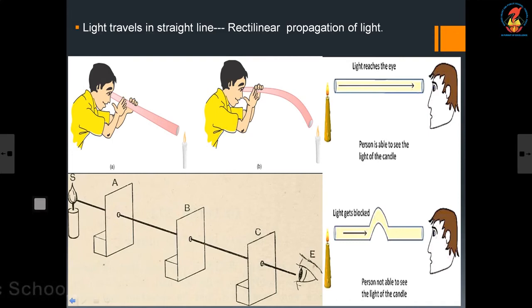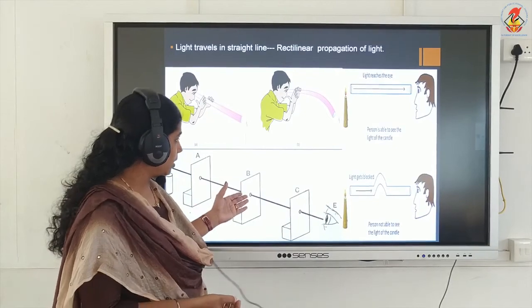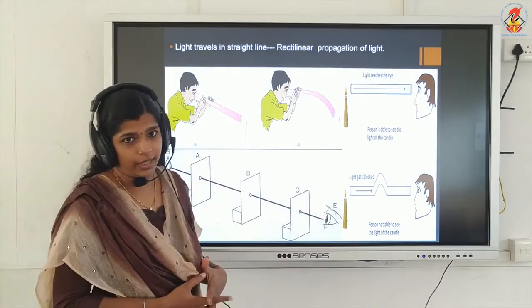Suppose instead of cardboard B, I am keeping a book, and no hole is there in that book. Can we see the lighted candle? No, we can't see the lighted candle. So light travels in a straight line.